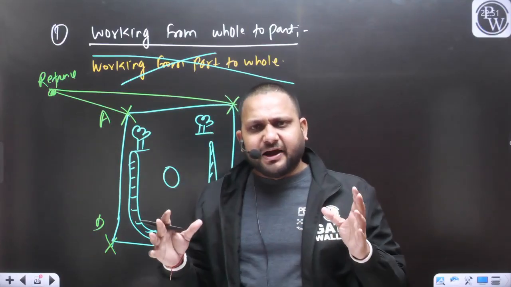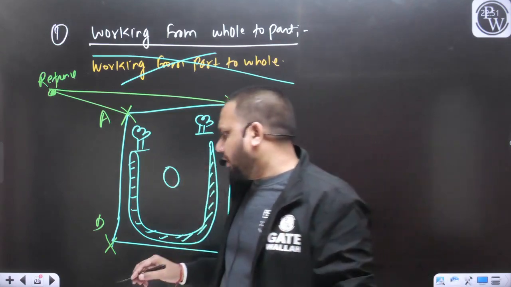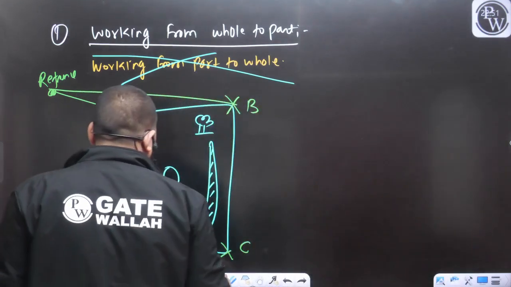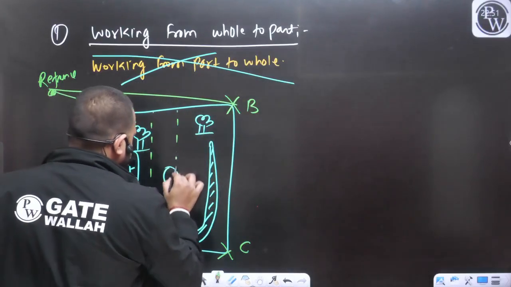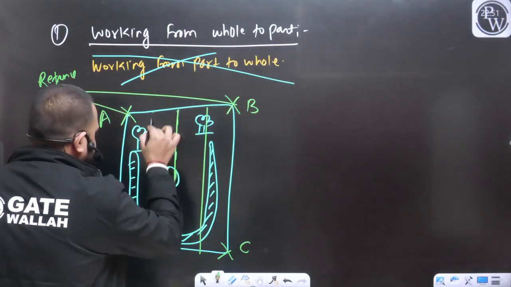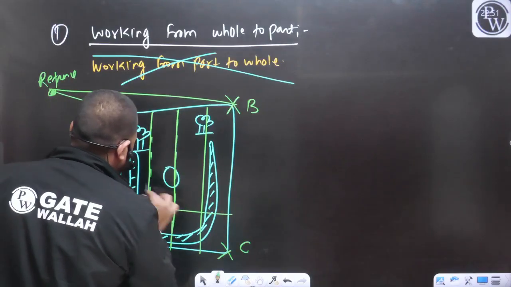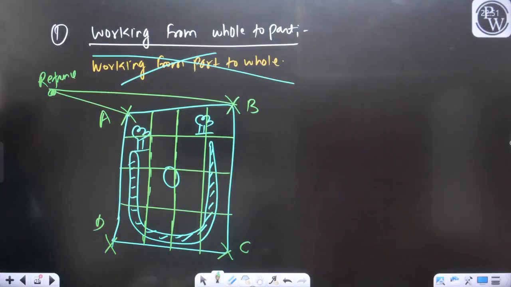Once we have defined the entire area as a whole, now what you can do? Now you can divide the entire area into small parts, and part by part you can go for the survey.